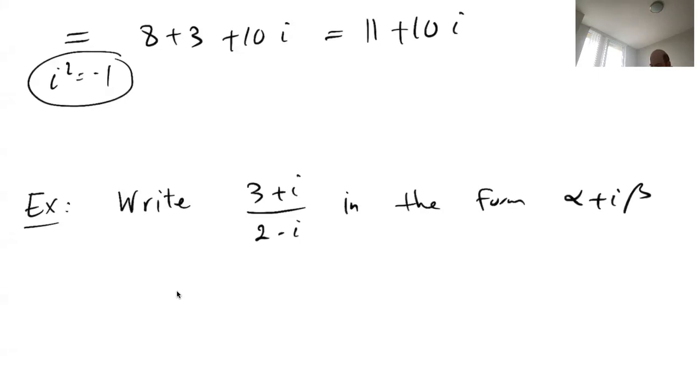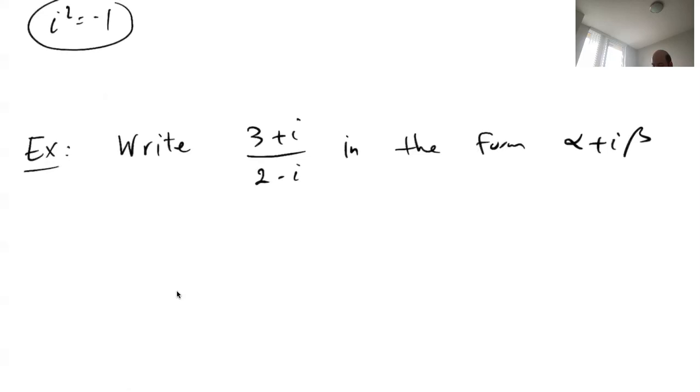So this is of the form alpha 1 plus i beta 1 divided by alpha 2 plus i beta 2, but we need to write it in the form alpha plus i beta. To do that, we need to know about the concept of conjugate of a complex number.